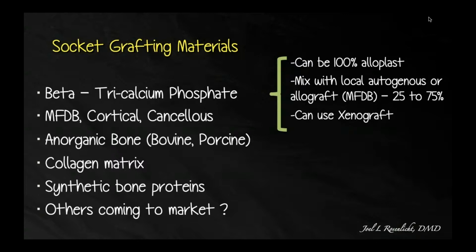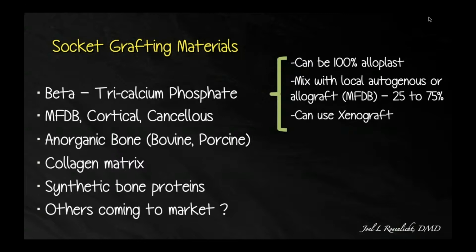Some of the synthetic bone proteins can be placed into these tooth sockets, but the cost, I think, is a little bit prohibitive when we start using these types of materials for routine socket grafting. And every single day, it seems like there's a different product on the market that you can use. My particular cookbook approach is to mix some of the local autogenous bone or allograft with some of the resorbable tricalcium phosphate, and then I just cover that up, and I find that to work out very well.